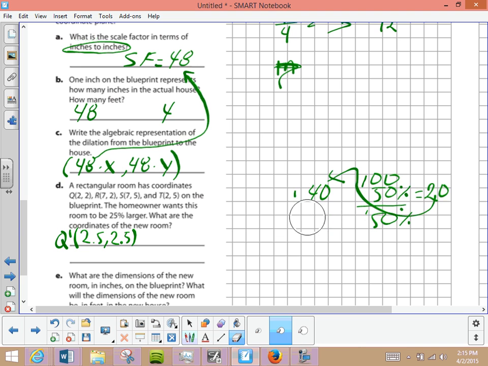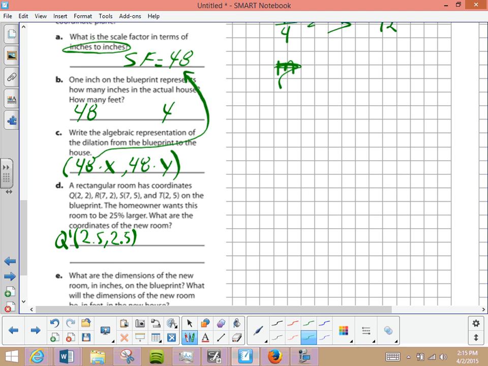Okay, so I'm going to use proportion to do that. Proportion is a really cool thing that you can use in a lot of places. I want to increase by 25%, right? We usually do P over W. And then on top you put the percentage, and on this one you put, let's say, the coordinate. So what percentage am I increasing by? 25, right? 25% out of 100, right?